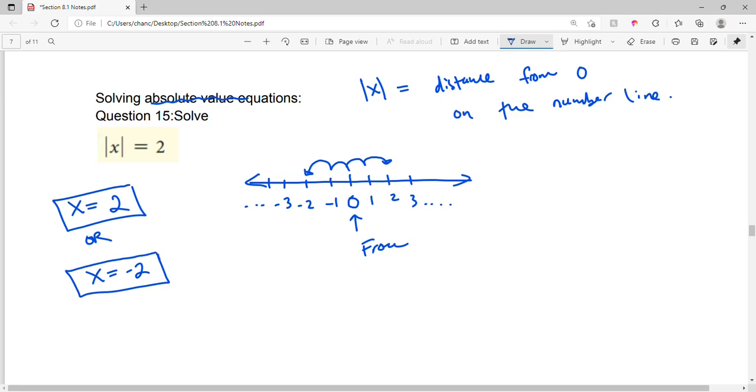So there's actually two solutions to this problem. x could be 2 or x could be negative 2. And that's from the definition. We want the distance to be 2 from 0 on the number line. So there's usually two answers for absolute value equations. Not always, but usually two answers.